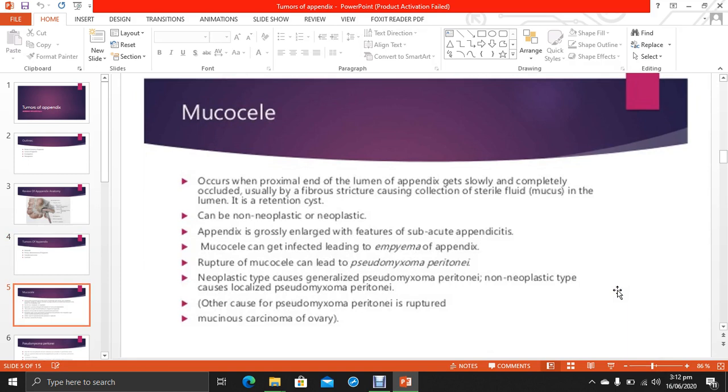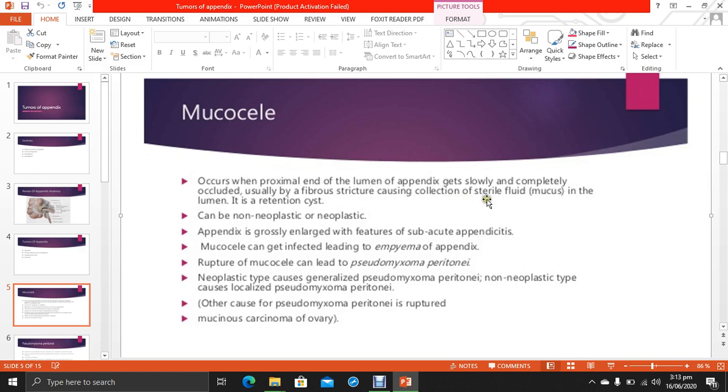Mucocele. Mucocele occurs when the proximal end of the lumen of the appendix, proximal meaning the base of the appendix, gets slowly and completely occluded, usually by a fibrous stricture, causing collection of sterile fluid. Remember, when there is a mucosal layer, there will be mucus secretion.